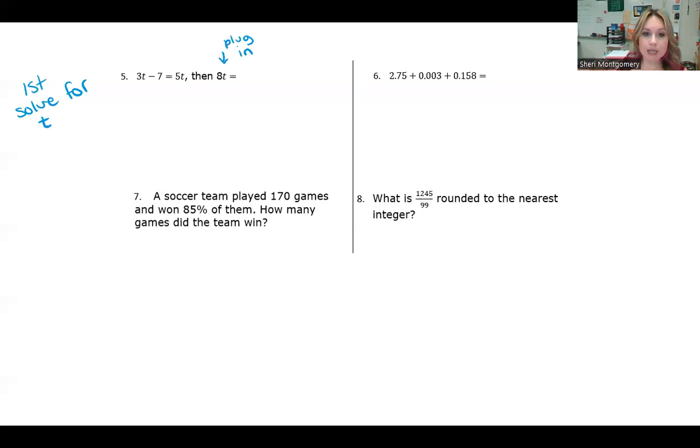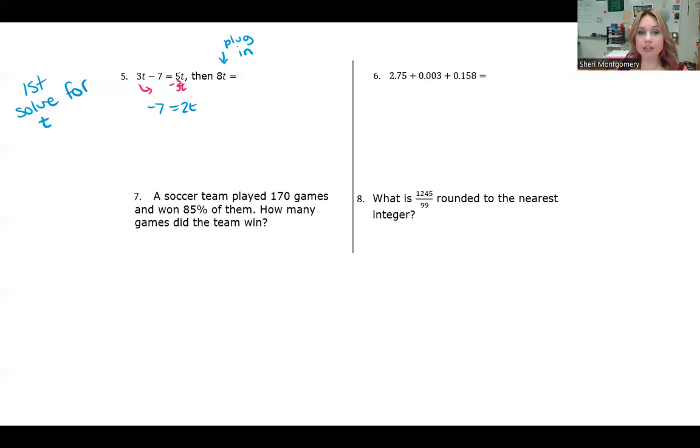So to solve for t, this one is tricky because there's a variable on both sides. You have a 3 and you have a 5. So let's move it towards the bigger one. So we're going to subtract 3. Five, 4, 3, 2.